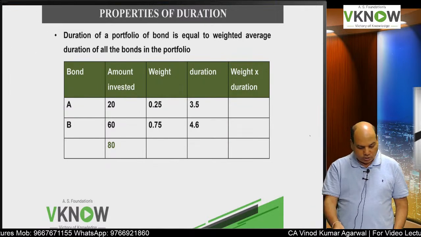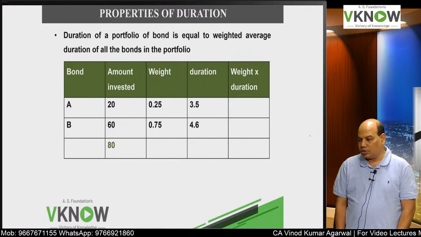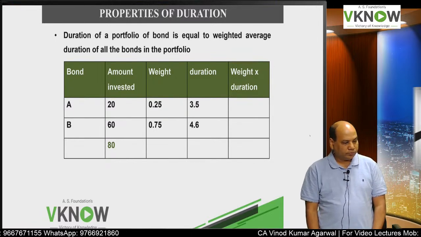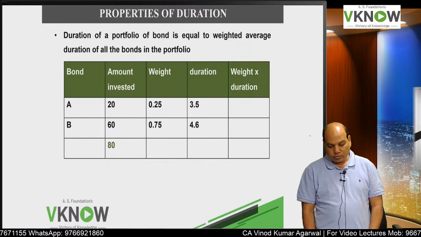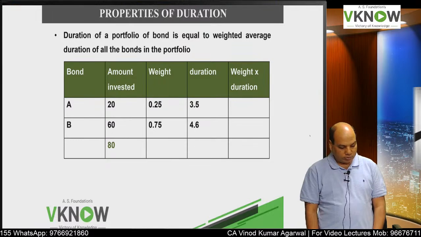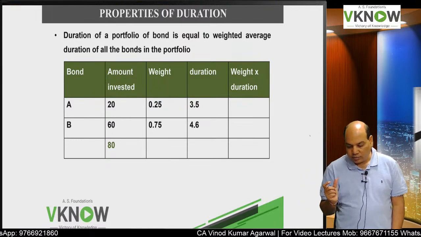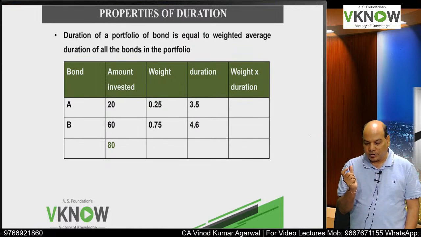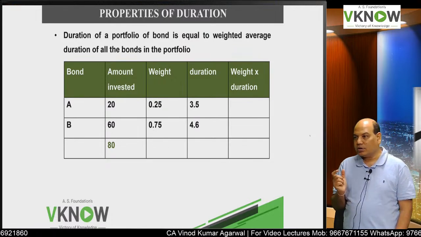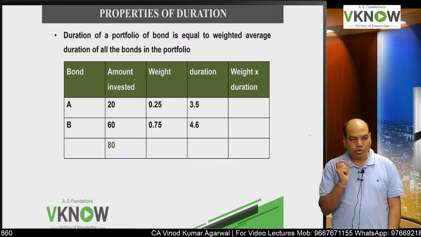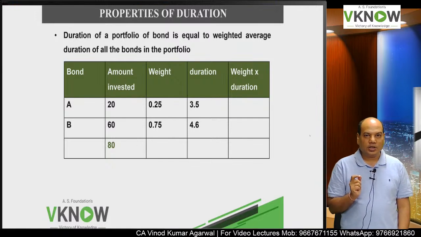First you write down these details. Write down in your book bond A, bond B, and in bond A we have invested 20 lakh. In bond B we have invested 60 lakh. Total investment is 80 lakh.